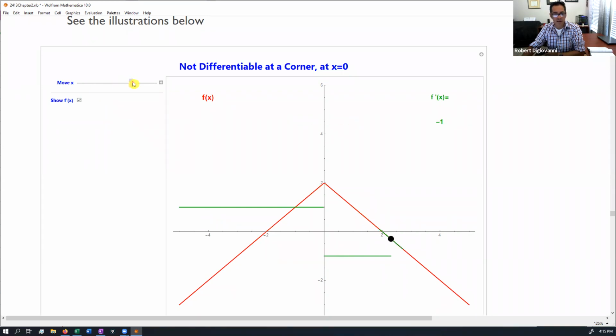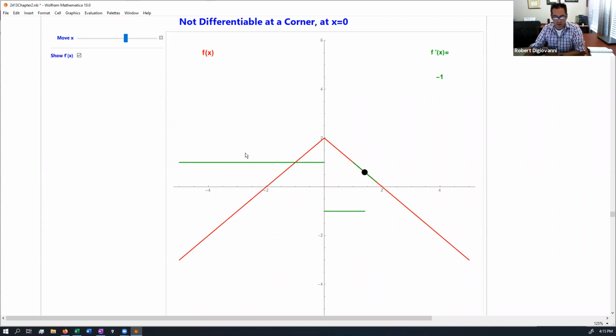You see the immediate jump from positive to negative. So can you see that the graph of the derivative is broken? And that's why you're not differentiable at this corner, because of this break in the derivative's graph.